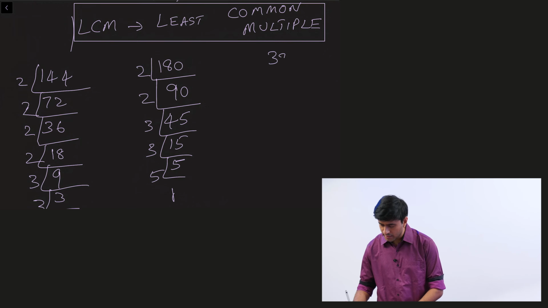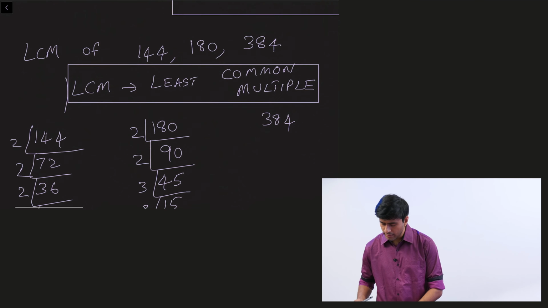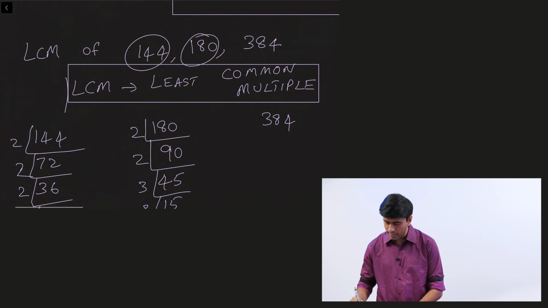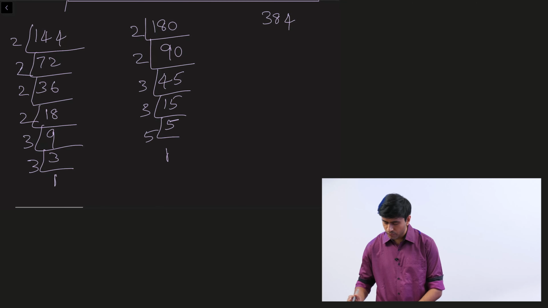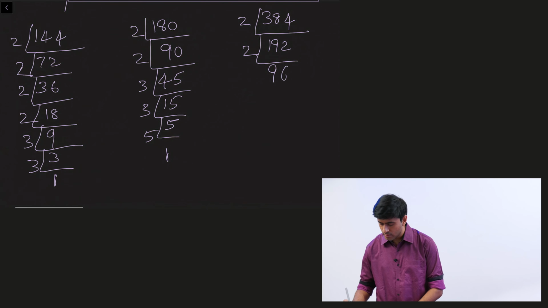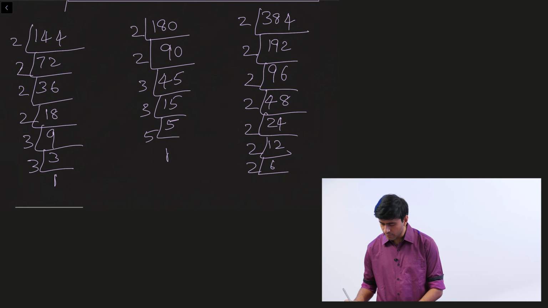The next number is 384. We finished 144, 180, we're doing 384. 384 is 2 192s are, 2 96, 2 48, 2 24, 2 12, 2 6, 2 3, 3 1s are.